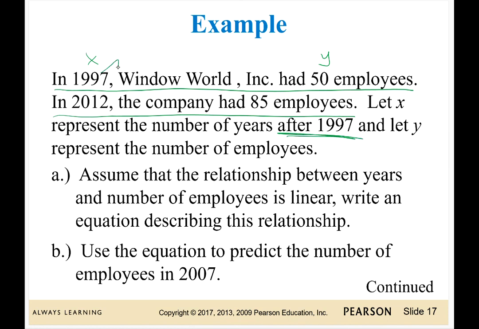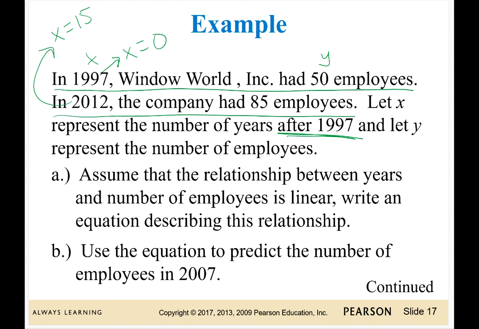So this year right here is actually X equals 0, right? Because 1997 is 0 years after 1997. 2012 would then be X equals, let's see, 97 would be 3 years to 2000, so that'd be 15. So our 2 points are going to be (0, 50) and (15, 85). So those are going to be the 2 points.